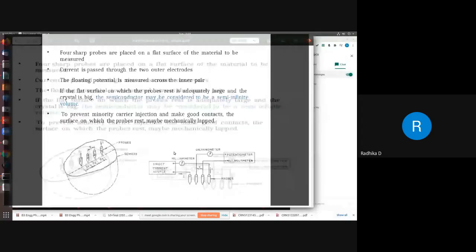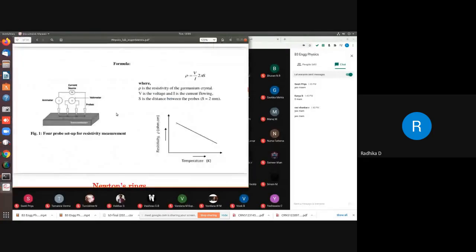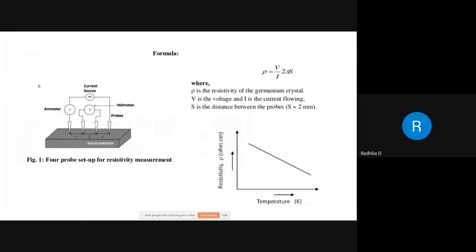Now, what do we do in our lab? Let me move to that. So here it goes. This is your circuit diagram. It looks like a figure, but it's a combination of a figure with a circuit. You have a semiconductor sample here. You kept all the four probes in a straight line with equal distance, and that distance is 2 millimeters in the case given to you.